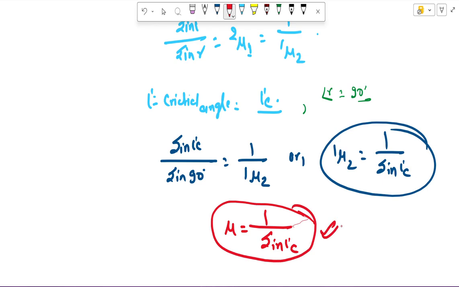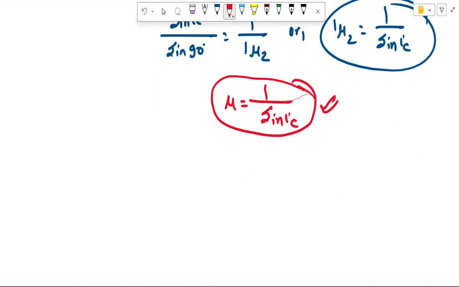We know that every material has its own critical angle.